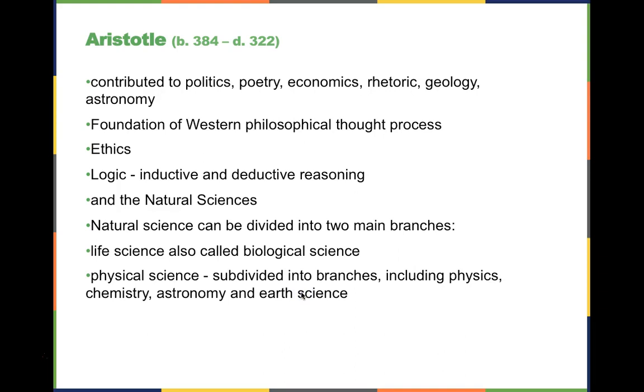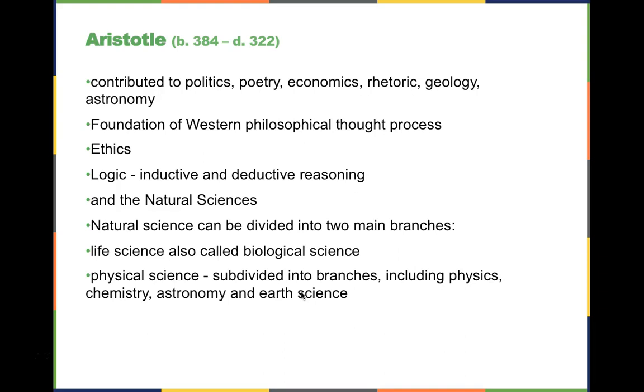If we go back to roughly 384 BCE, we see the birth of an individual by the name of Aristotle in ancient Greece. He now is considered to be the father of natural sciences.